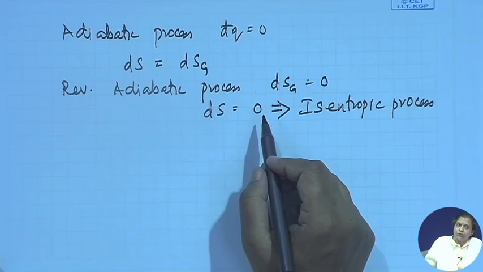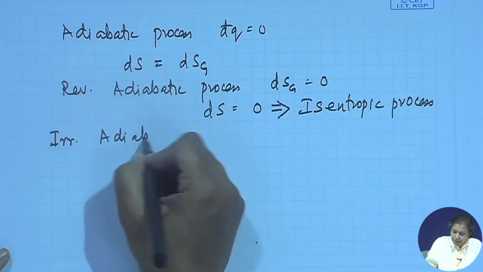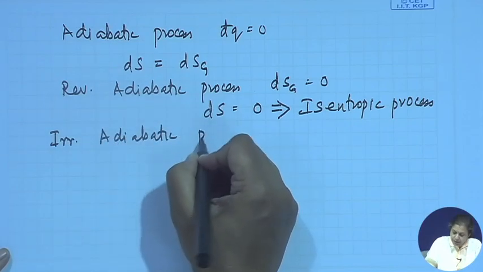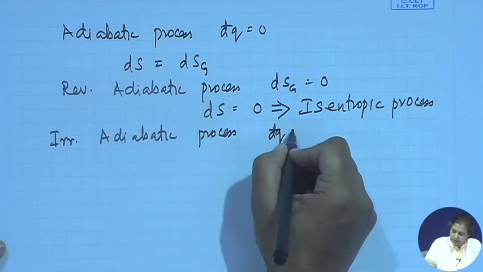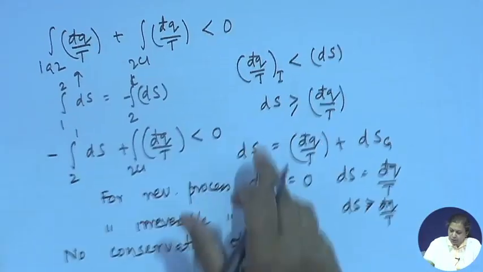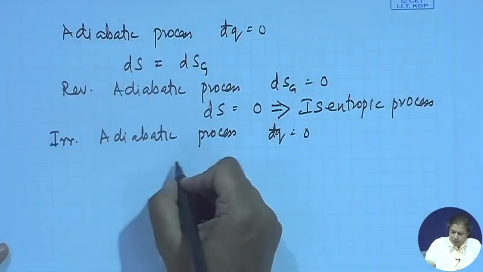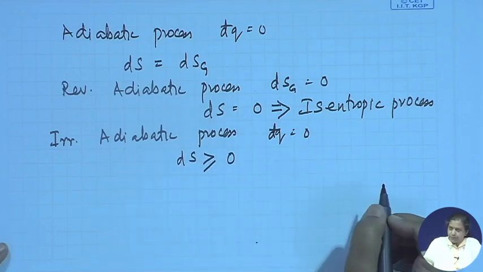When the process is irreversible, for an irreversible adiabatic process, what do we get? Since it is adiabatic, dq equals 0, right? And from this equation, we get ds is greater than or equal to 0, right?